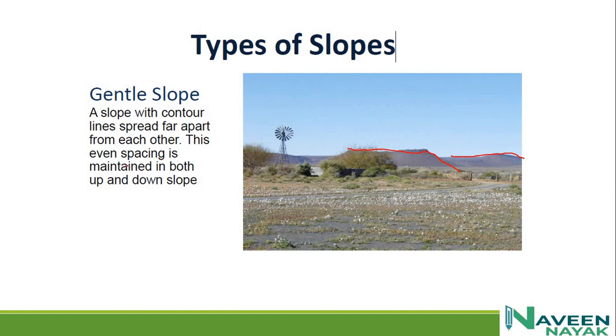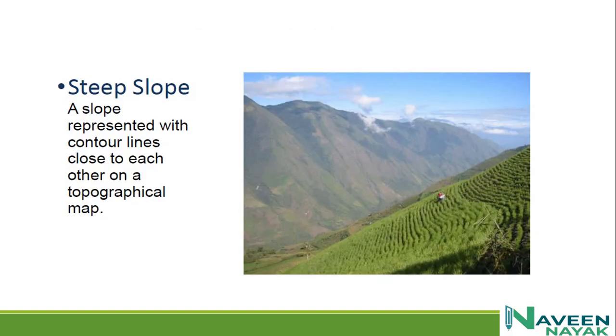This even spacing is maintained in both up and down slopes. You can see there is a spacing between these two slopes. Steep slope. This is a steep slope. A slope represented with the contour lines close to each other on a topographical map.